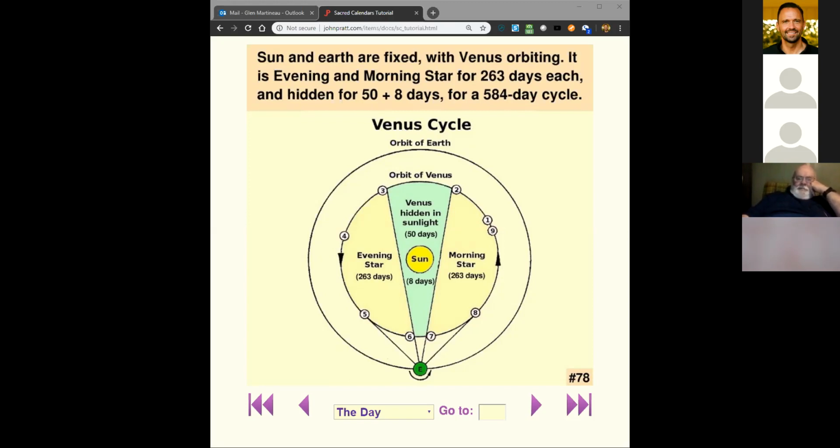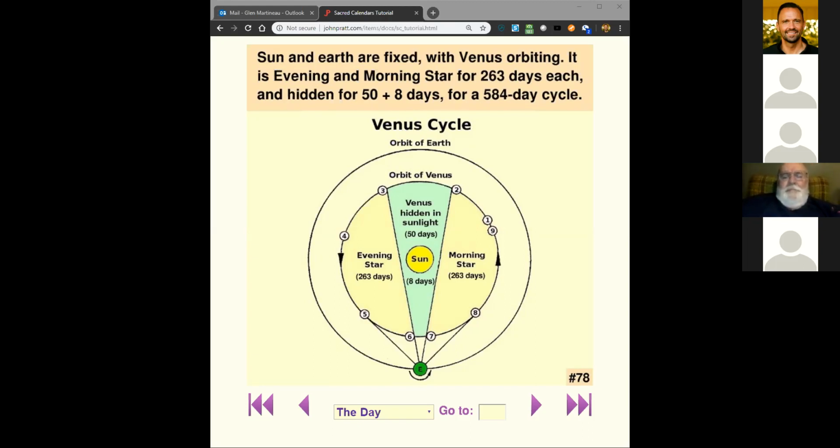It has an evening star and a morning star phase. That's because it's between us and the sun. And so it disappears in the sunshine, both when it's between us and the sun and also when it's on the far side. So the center part of this diagram is when Venus is invisible.